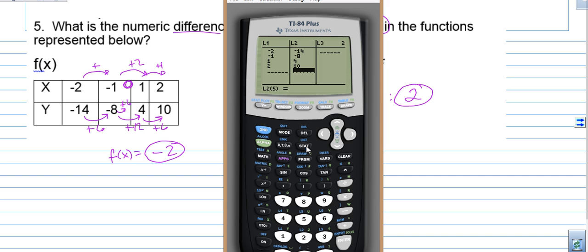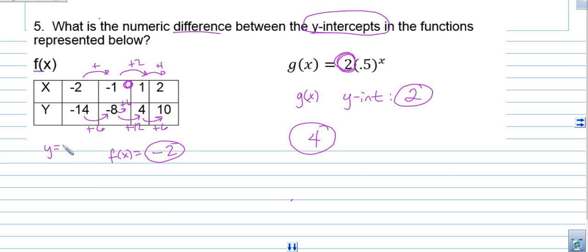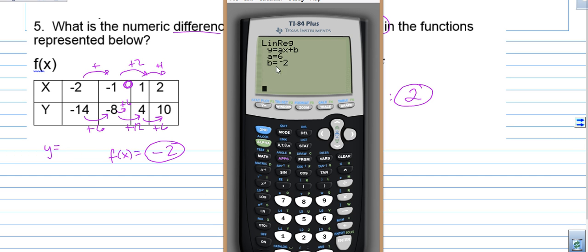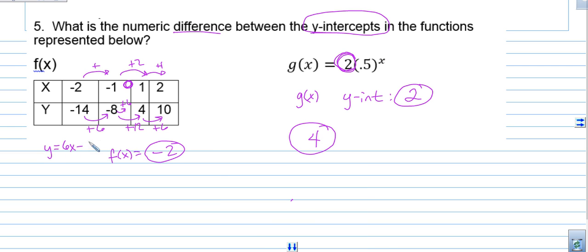And then once you have them entered in, you hit stat to the right, and then this is a linear table, so you'll go to the linear function calculator and press enter until it comes down, and you'll get the equation y equals 6x minus 2. And when you get that equation, minus 2, which is the same minus 2 we found before, is the y-intercept. And so our final answer is 4 for number 5.